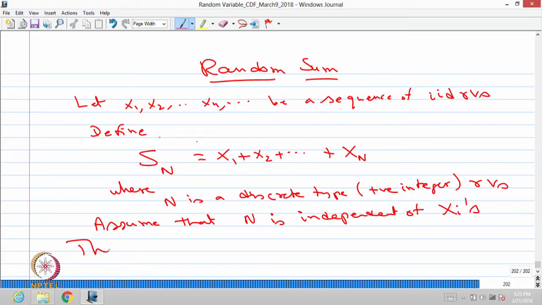This capital S suffix N is called a random sum. You will come across many problems of this form. We will be adding many IID random variables, and how many we are going to add is also going to be a random variable.